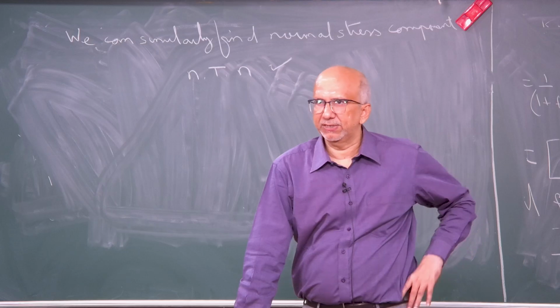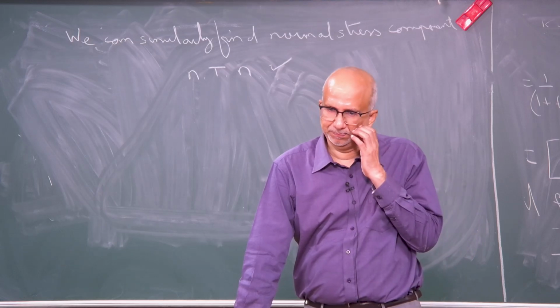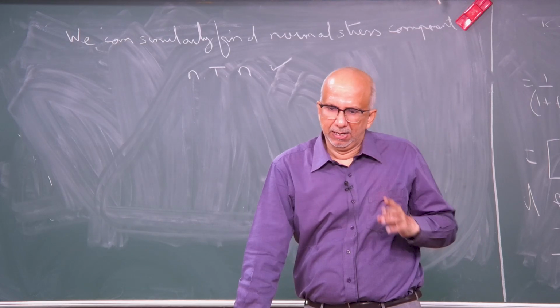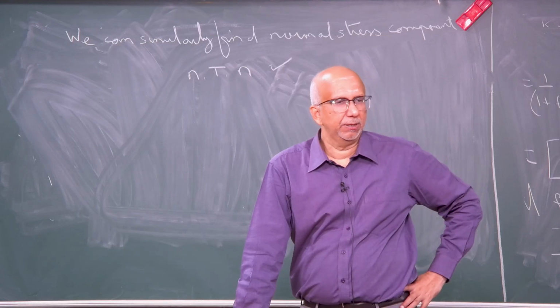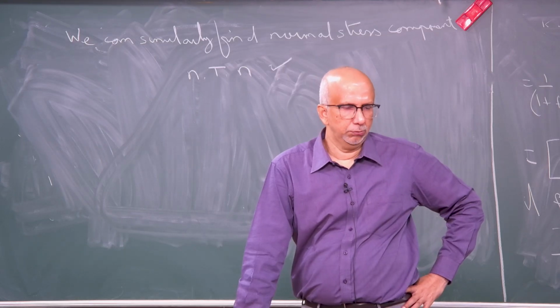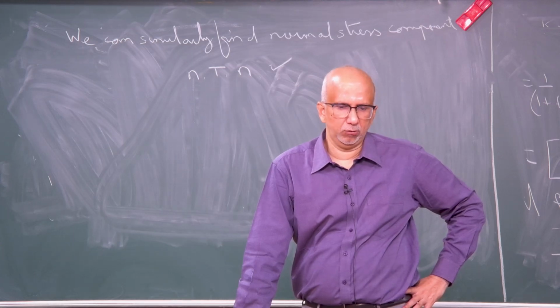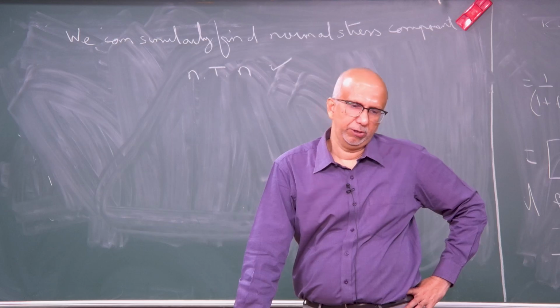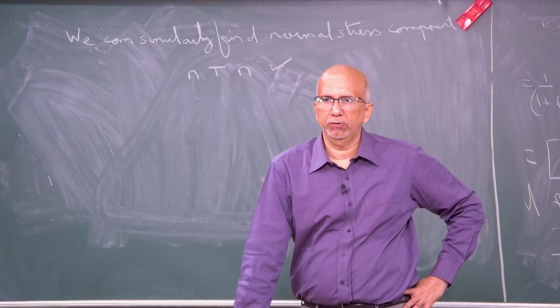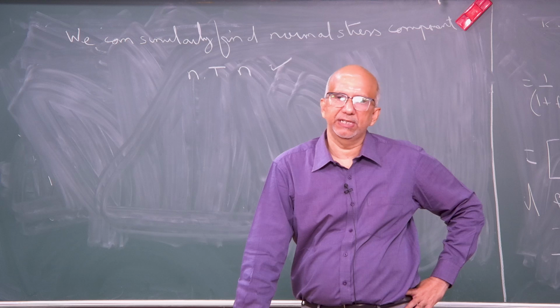What I want to do next is talk about cylindrical coordinates, and we will do that in the next class, but I told you this earlier also. One of the characteristic features of cylindrical coordinates is that when you change one of the coordinates, the unit vectors can change.